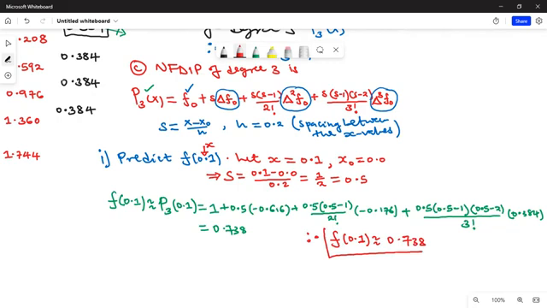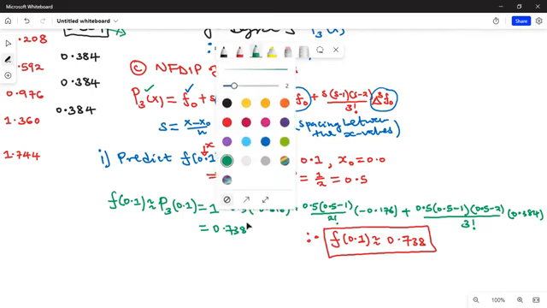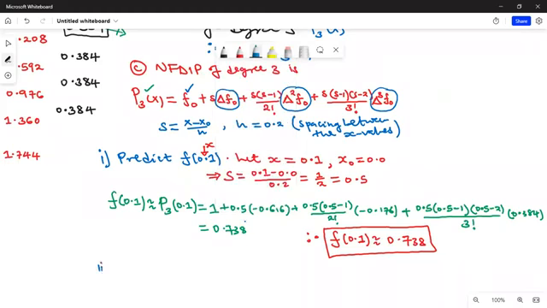So do the same to get f of 1.3. So in Roman 2, we'll talk of f of 1.3. We need to estimate or predict f of 1.3.